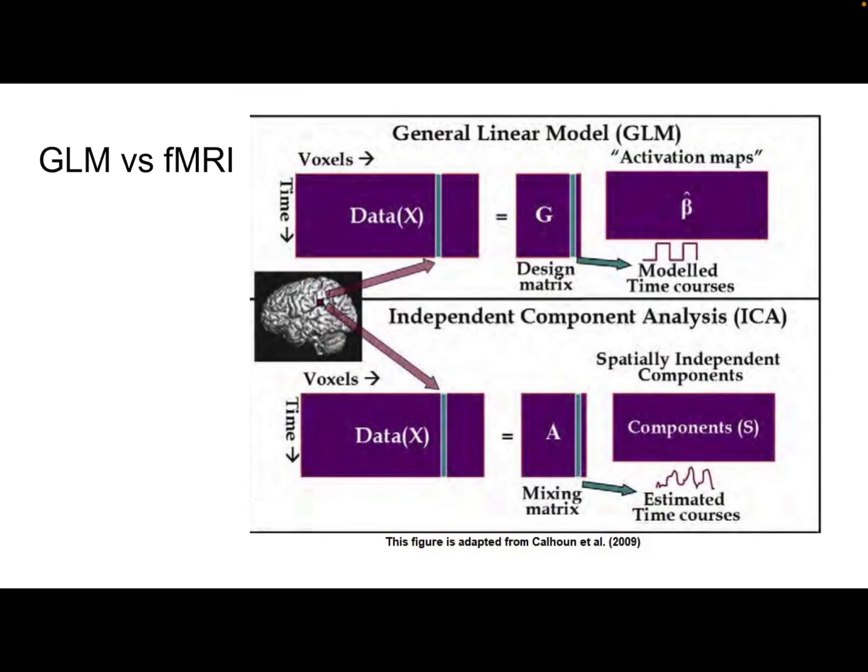The two approaches we have explored are the general linear model, or GLM, and the independent component analysis, or ICA. GLM is very commonly used and it is available in toolboxes like FSL or SPM that are very popular amongst neuroscientists. GLM is based on a generalized linear model, and it is a massive univariate method where the same model is fit to each voxel in the brain, where a voxel is a 3D volume of about 3 × 3 × 3 millimeters.